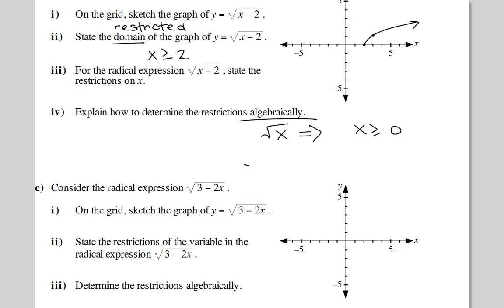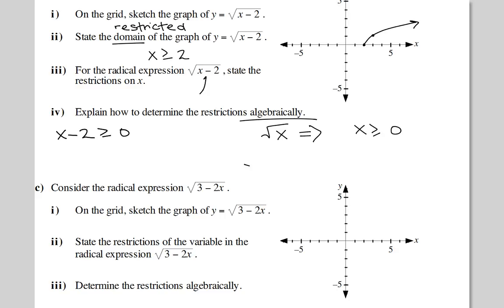We were saying that for the original, if it's root x, then x is greater or equal to 0. We can replace x with anything, for example, x minus 2. Then you would say, okay, x minus 2 has to be bigger or equal to 0.